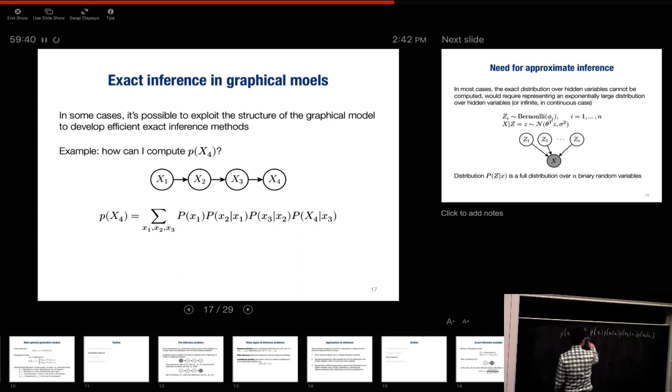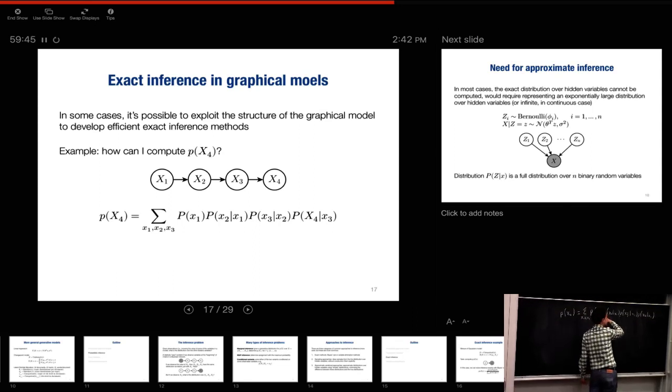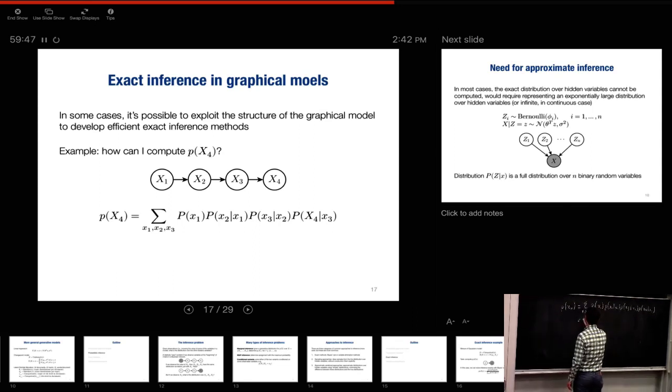Essentially, if we want to sum over x3, we can notice that these two expressions do not depend on x3. Actually, let me do it this way instead. Let's sum over x1 first. That one's easier.